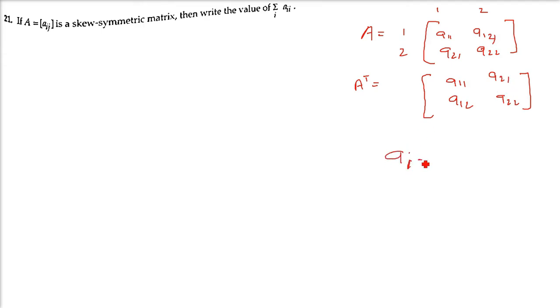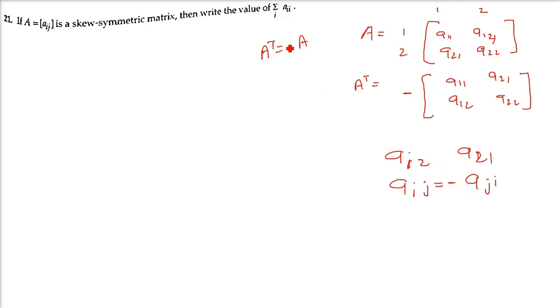Wherever A12 was, A21 came, and wherever A21 was, A12 came. So wherever Aij was, Aji has come. And since it is skew symmetric, when we take the transpose of A, negative A will come. So Aij and Aji are replacing places, but they are negative.